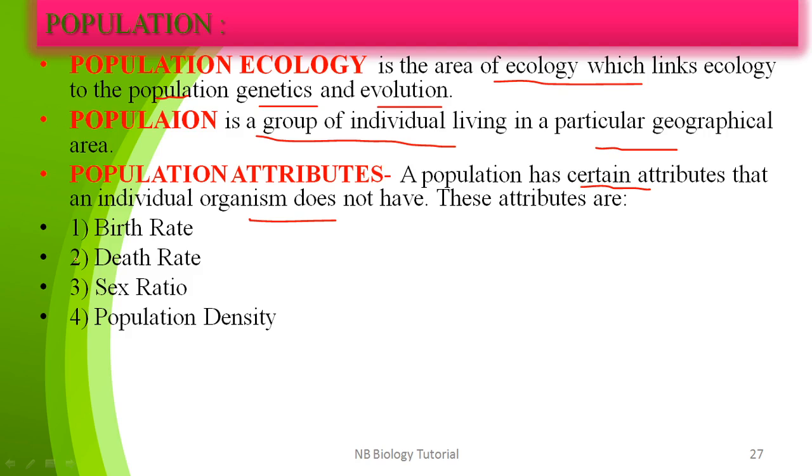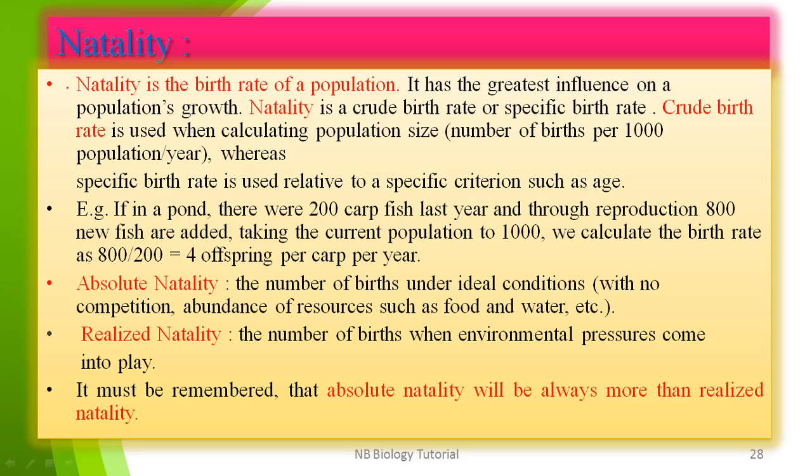These attributes are birth rate, meaning natality, death rate, meaning mortality, sex ratio and population density. The first one is natality. Natality is the birth rate of the population. It has the greatest influence on population growth.